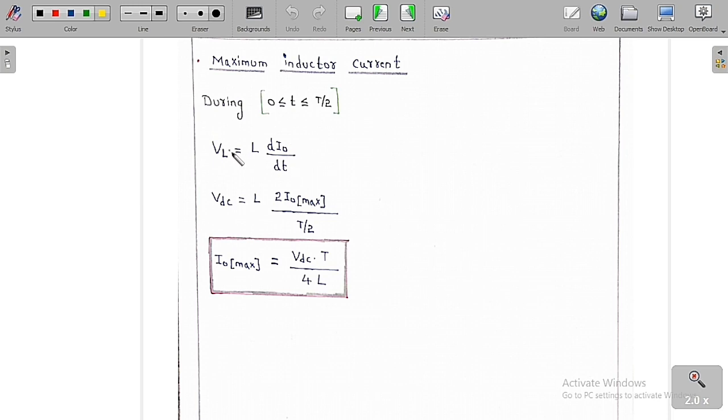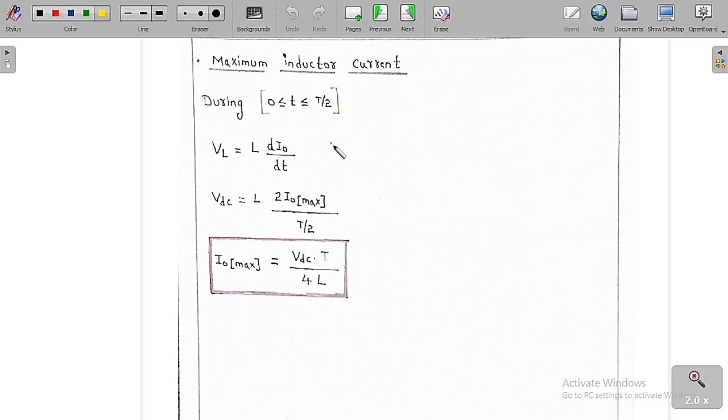So the inductor voltage in this range is equal to plus VDC. Therefore, plus VDC is equal to L into the amount of change, which in this region is 2 I naught max, over the time period T by 2. If you solve this, we are going to get I naught max is equal to VDC into T by 4L. So this much maximum current you are going to get in this range.